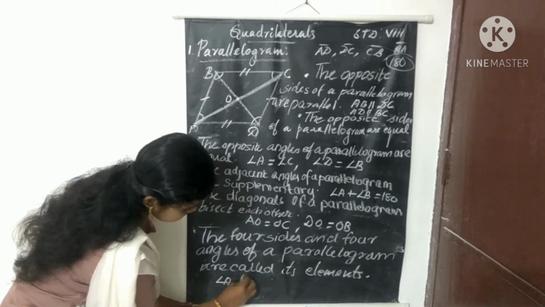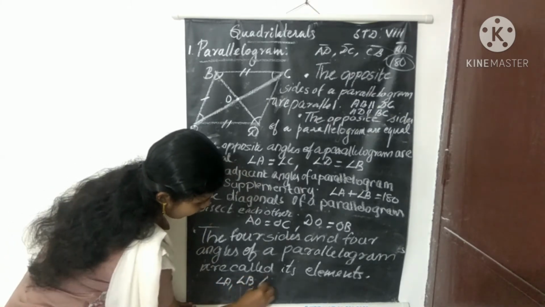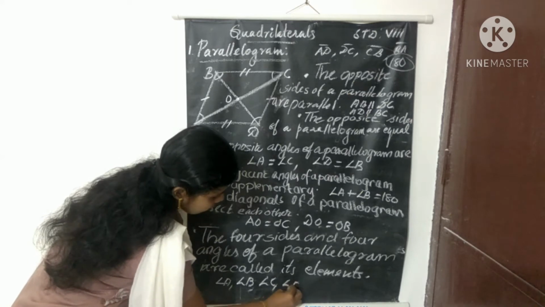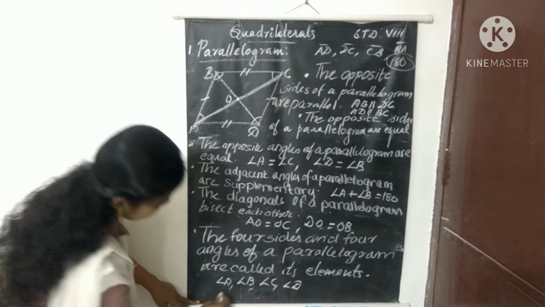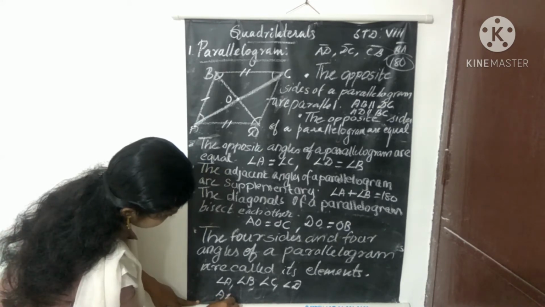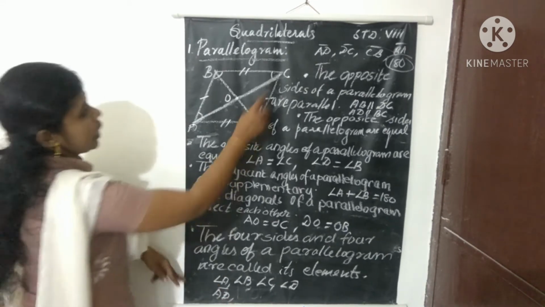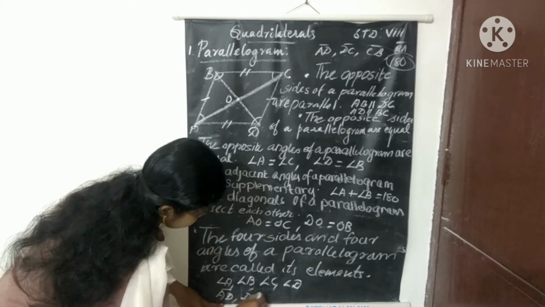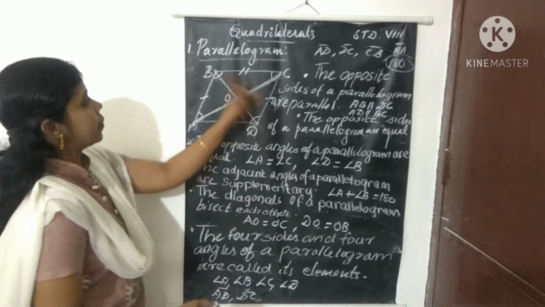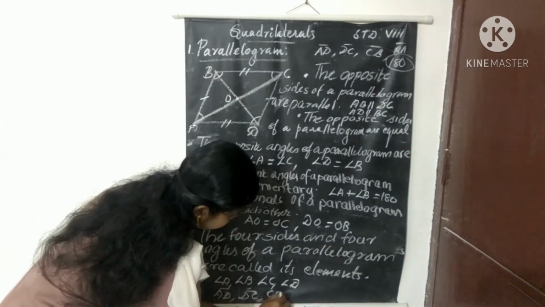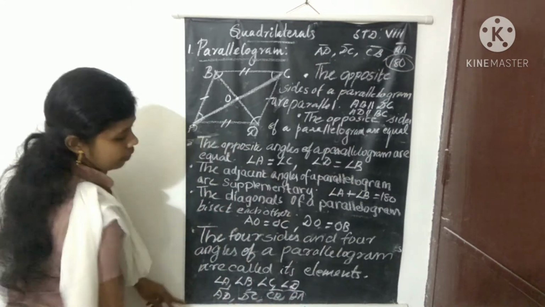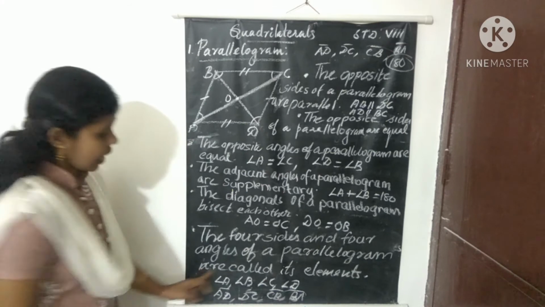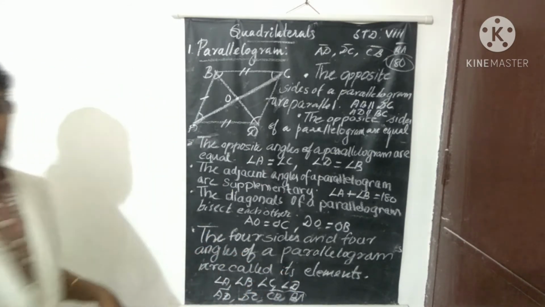Angle A, angle B, angle C, angle D. And what are the sides? AD, then DC, then CB, then BA. These are the elements of the parallelogram.